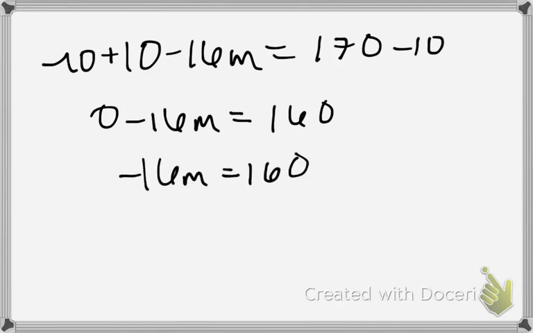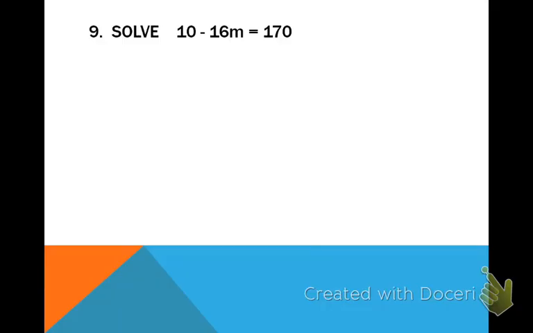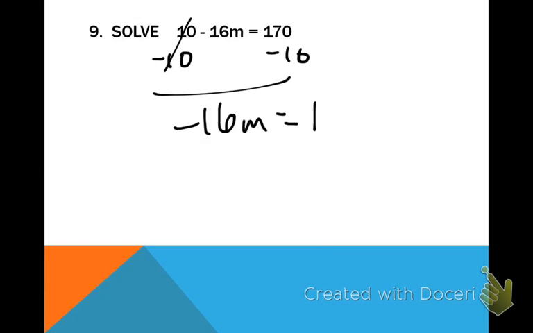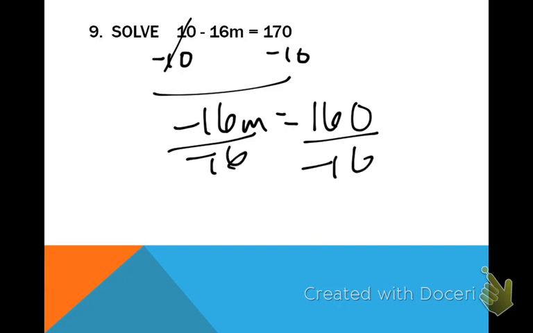So we got to make sure we carry those minus signs down as negatives. Okay? All right, so we're good. Subtract 10 here. This would be negative 16m. Okay, and then divide by negative 16. So it should be negative 10.